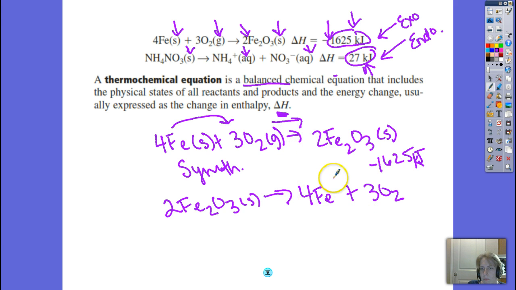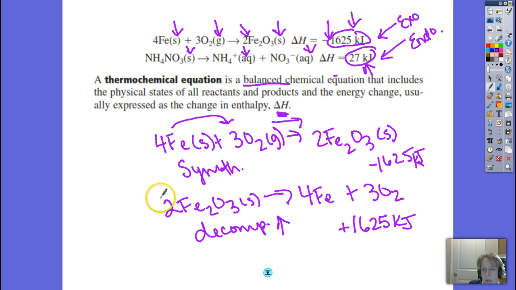Even though this is a mirror image of the equation, this is a decomposition. So we're breaking this one down. And it actually requires us to put energy in. So we have to put energy in here to get this to happen. So we're going to switch the sign. So it'd be positive 1625 kilojoules. So we need to keep this in mind.